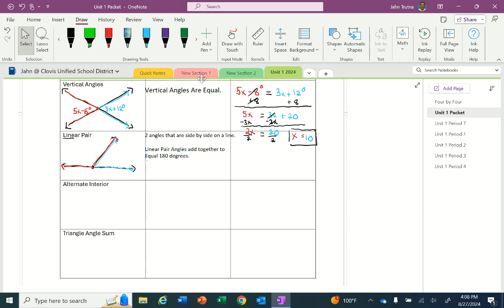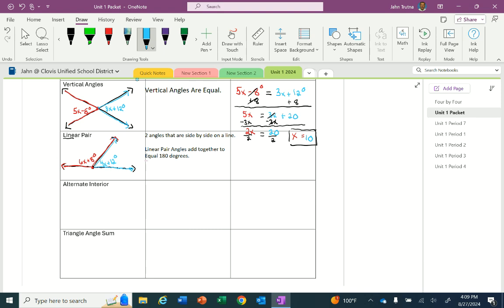Okay? So let's represent the angle in red with 6x plus 8 degrees. Let's represent the angle in blue, that is a linear pair with the angle in red, with the expression 4x plus 12 degrees.